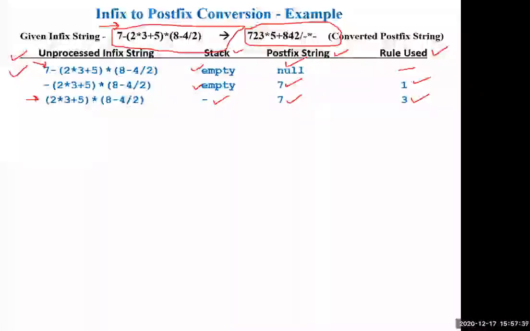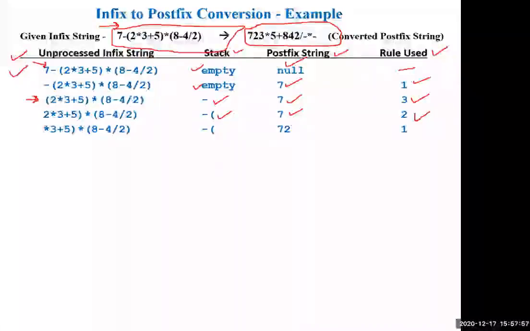Next we have the left bracket. As per rule number 2, if an opening bracket is encountered, every time we have to push it onto the stack. That's why this bracket is pushed onto the stack. The rest remains as it is.